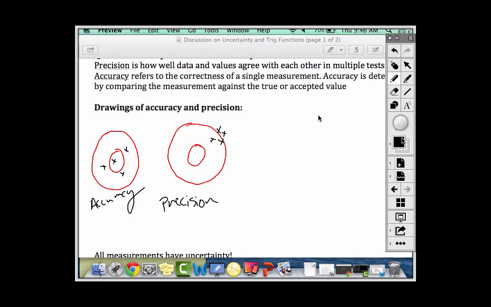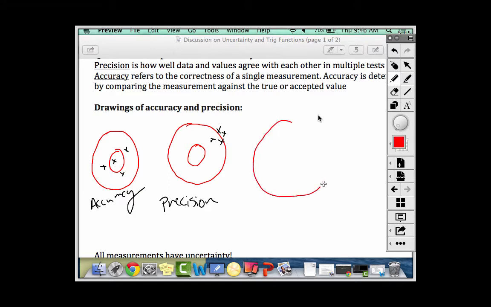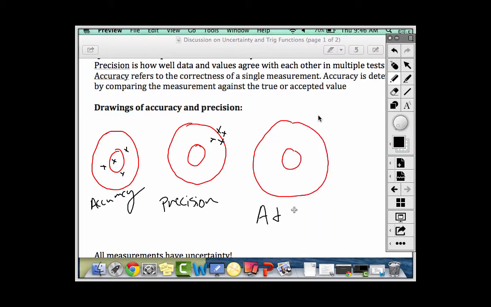Now, if you are accurate and precise, well, they're going to have a third bullseye, and that will look something like this, and I'll just call this A and P so I don't have to write as much because it looks so bad. If you're accurate and precise, basically you're all going to be very close together in the center of that bullseye.